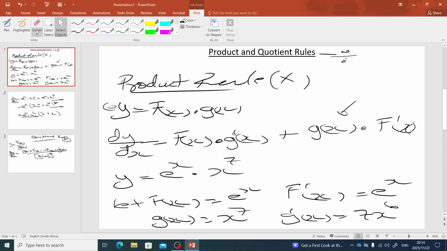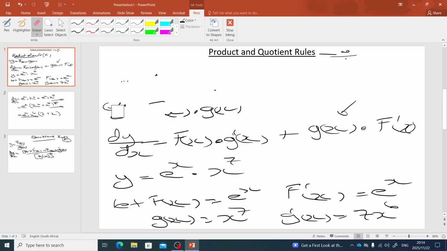This would be the application of your quotient rule.